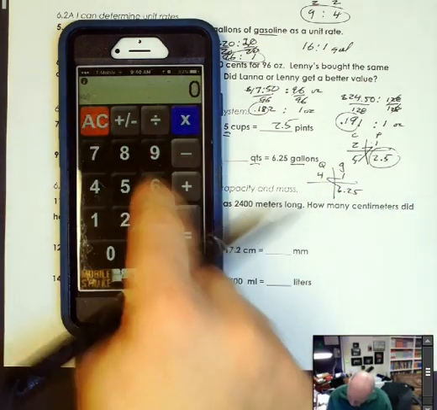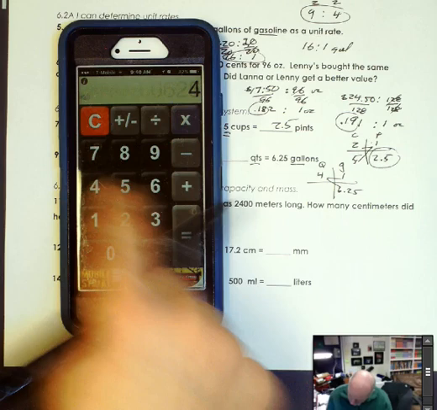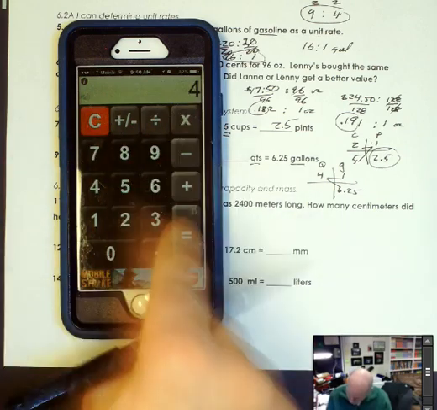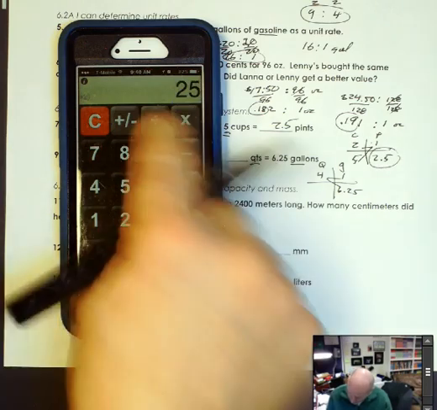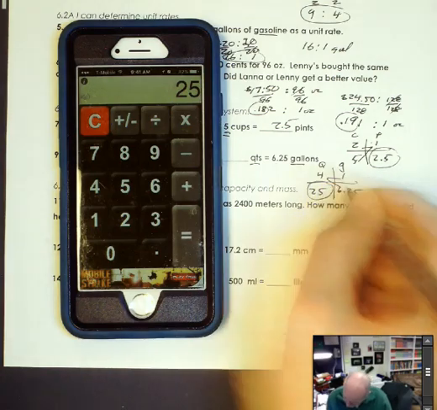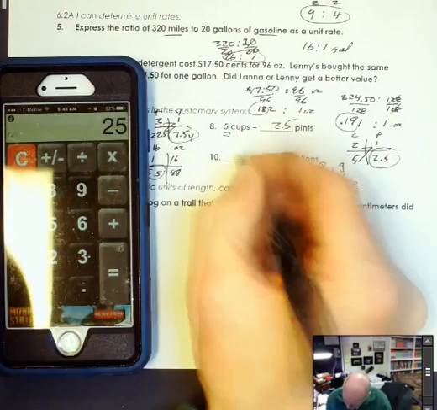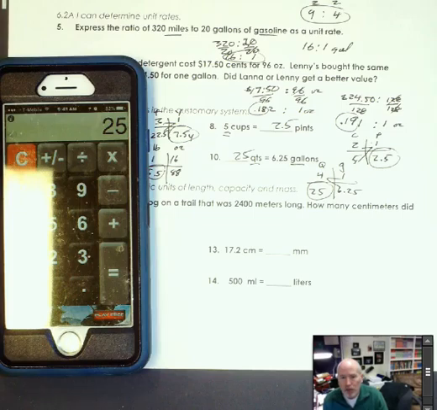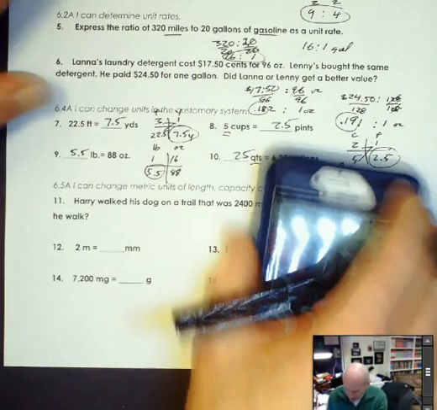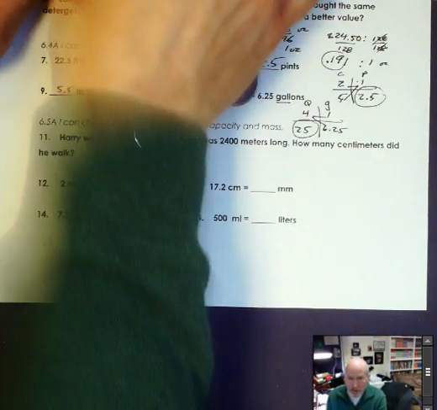I'm having a hard time. Let's clear this calculator and try it again. 6.25 times 4 should equal 25. There we go. 25 divided by 1, of course, is 25. So we have 25 quarts and 6.25 gallons.